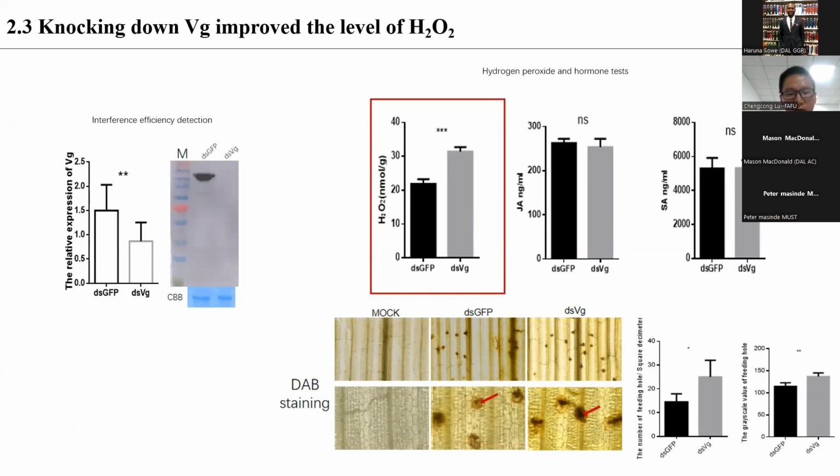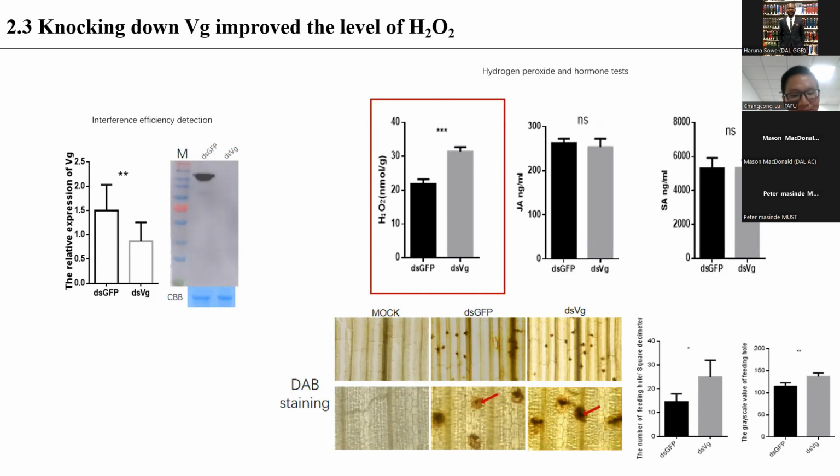In order to further investigate whether the VG released by the saliva of leafhopper is involved in the defense response of the plant against the insect, we fed the rice with leafhopper injected with GFP and VG respectively.